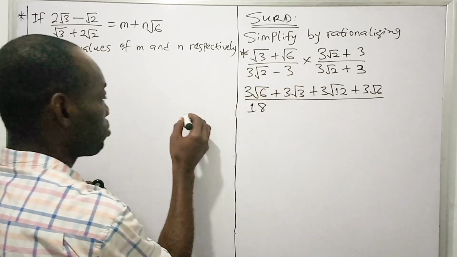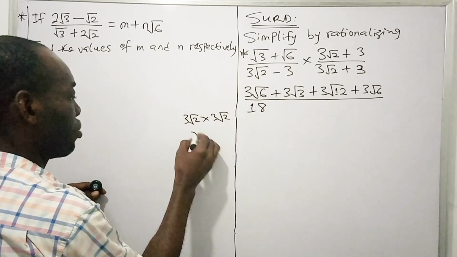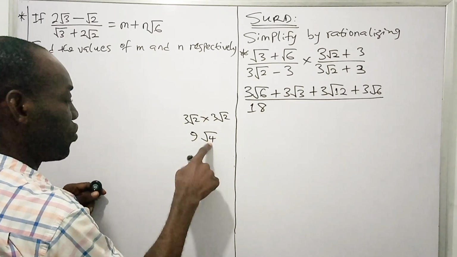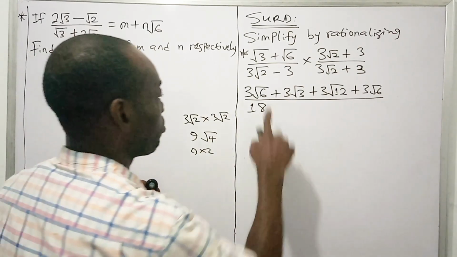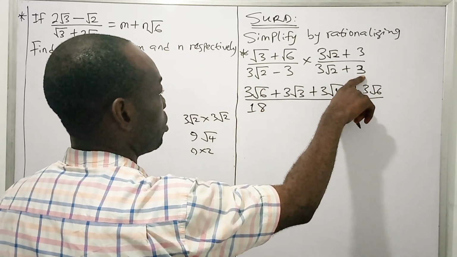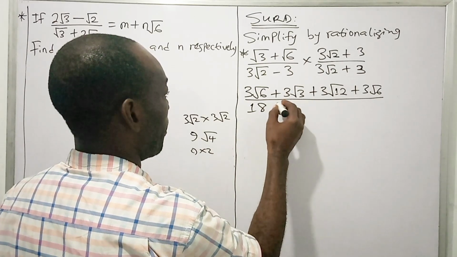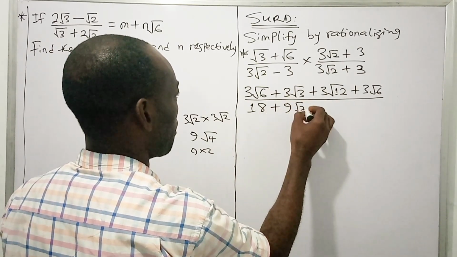That's 3 root 2 times 3 root 2, that will give us 9 root 4, but the root 4 is 2, so 2 times 9, that's how we got 18 here. Okay, then 3 root 2 again times this will give us positive 9 root 2.